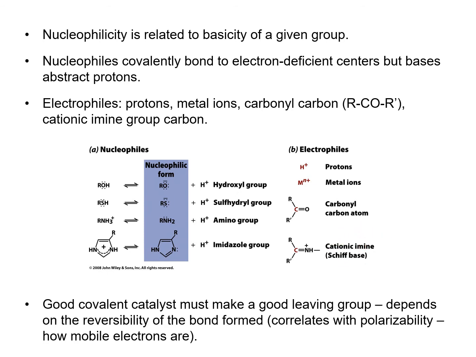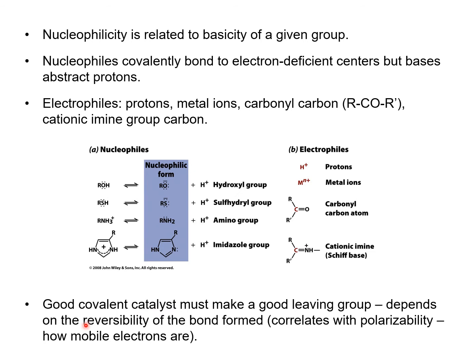And a good covalent catalyst must make a good leaving group too. So it depends on the reversibility of the bond formed. Since this is covalent catalysis, this catalyst will form the covalent bond with the intermediate. But the problem is that the covalent bond has to be broken to become the final product, and also this catalyst should leave from that intermediate.